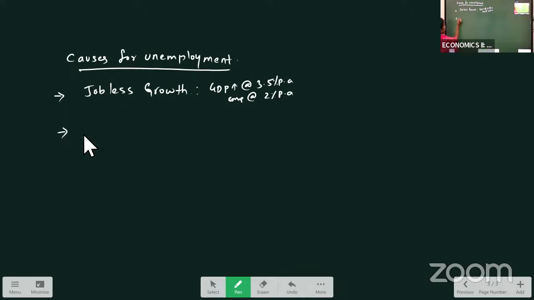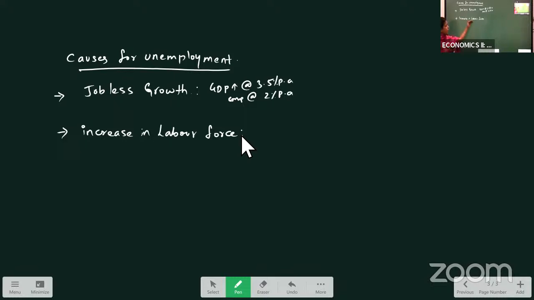Next reason, increase in labor force. We can see in India, the population is increasing faster. As the population is increasing, the labor force is also increasing in the country.